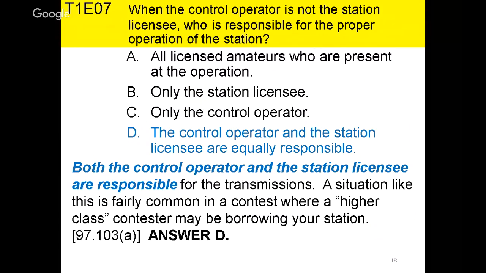However, if that person wants to operate on HF in one of the voice bands other than 10 meters, I, as the control operator, have to be at the station. I don't actually have to push the mic button, but I have to be there physically for a Tech class licensee to legally operate in the HF bands outside of their class privileges.